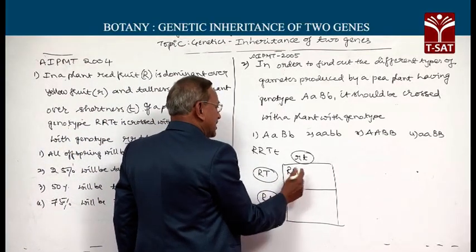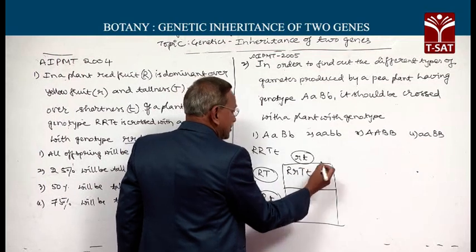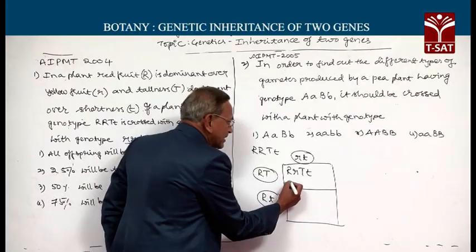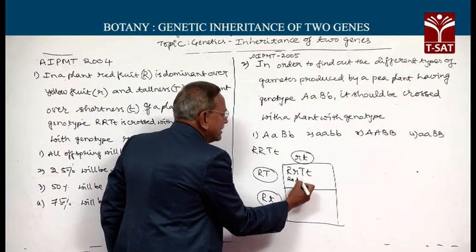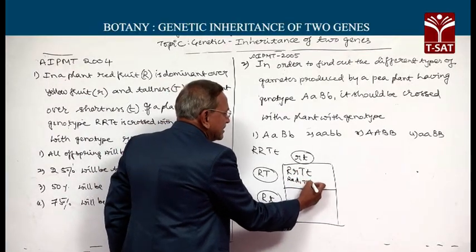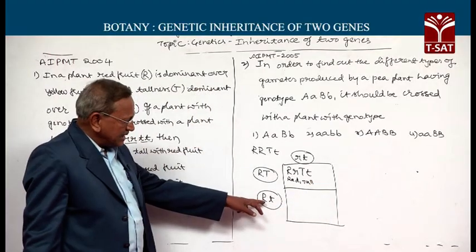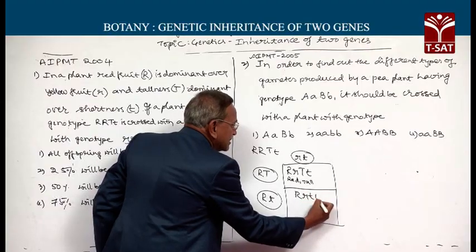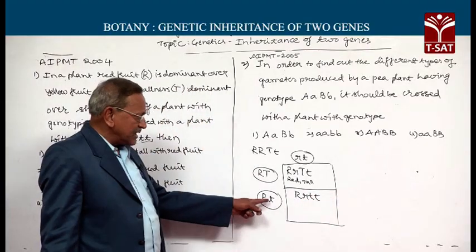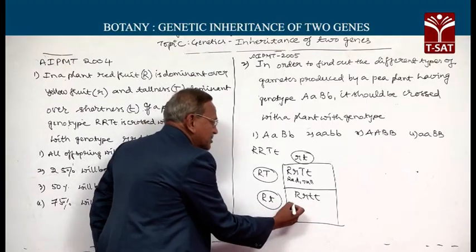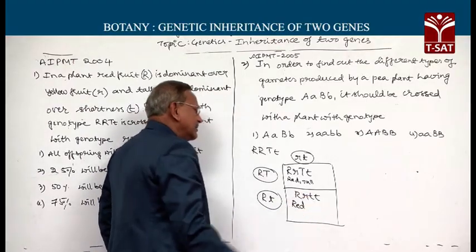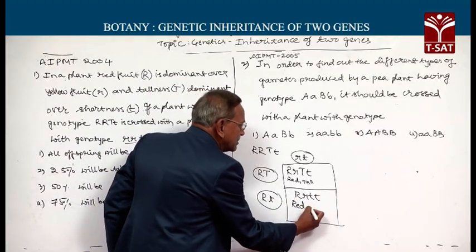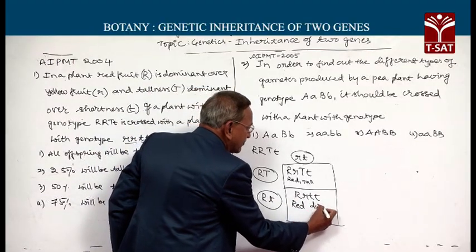Now, when these gametes are fertilized, we have capital R, capital T, small t. Because it is a dominant gene, it will be red. This is also a dominant gene, so it will be tall. The other combination will be capital R, small t. Because it is a dominant gene, the fruit must be red, and because both are recessive genes, this must be dwarf.